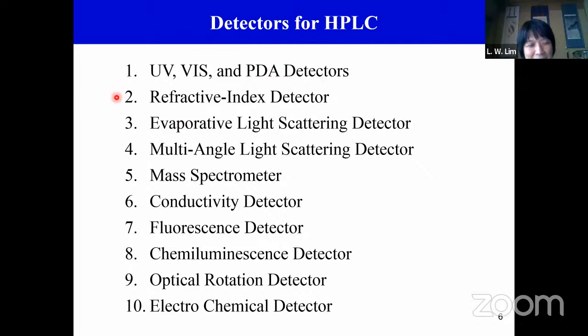The second type is the refractive index detector. As the name implies, it uses the refractive index, the difference in angle when light changes from one medium to another.